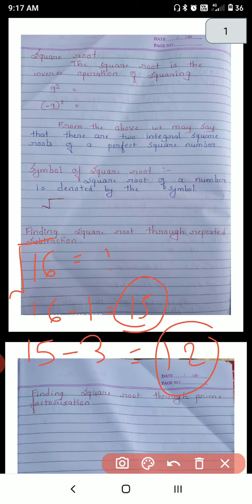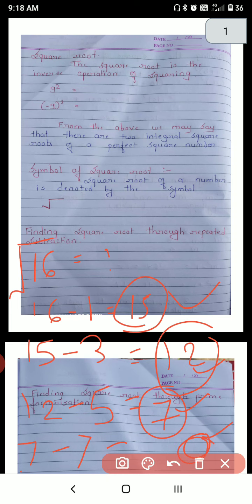Now here you got 12. The next odd number will be 5. So 12 minus 5 is 7. Then the next odd number is 7. So 7 minus 7 is 0. So you got your answer 0 in how many steps? 1, 2, 3, 4. After completing 4 steps, you got 0.